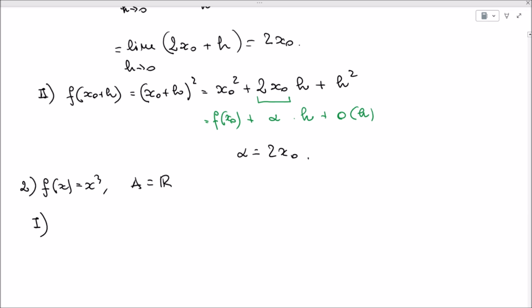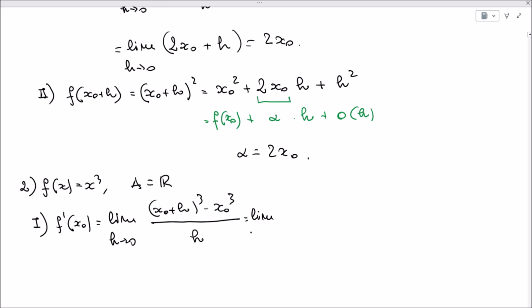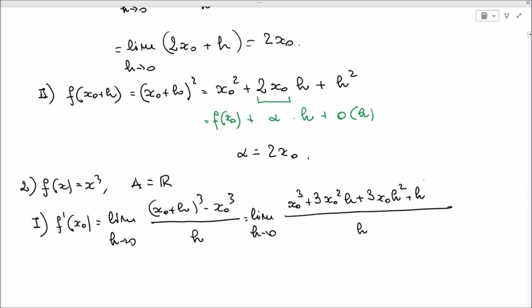If we apply the definition of derivative, we get that f prime of x naught is the limit as h goes to 0 of x naught plus h cubed minus x naught cubed divided by h, which is the limit as h goes to 0 of x naught cubed plus 3 x naught squared h plus 3 x naught h squared plus h cubed minus x naught cubed, all divided by h.